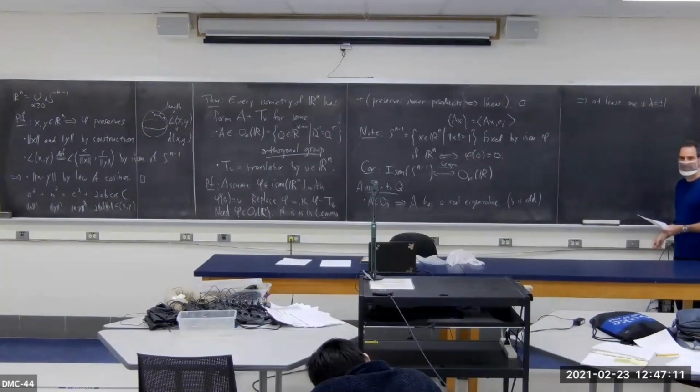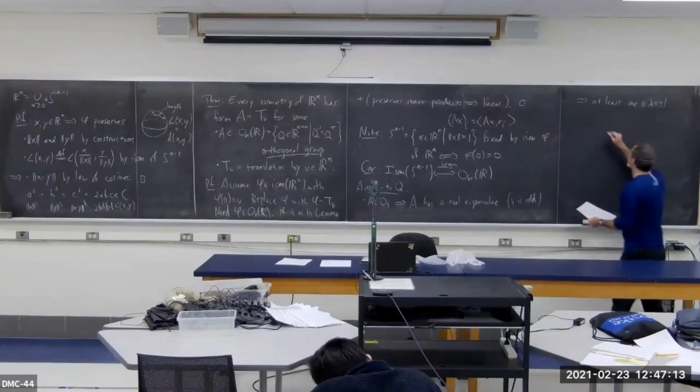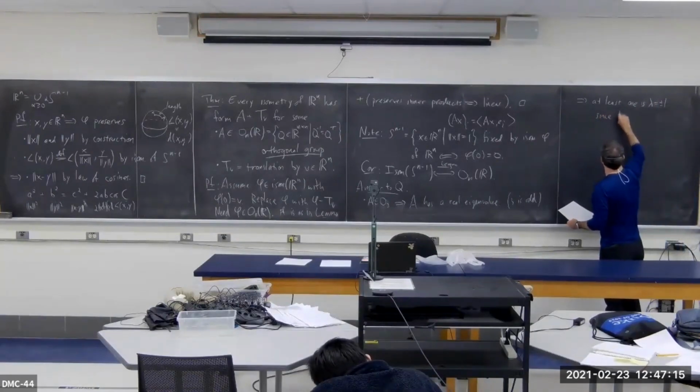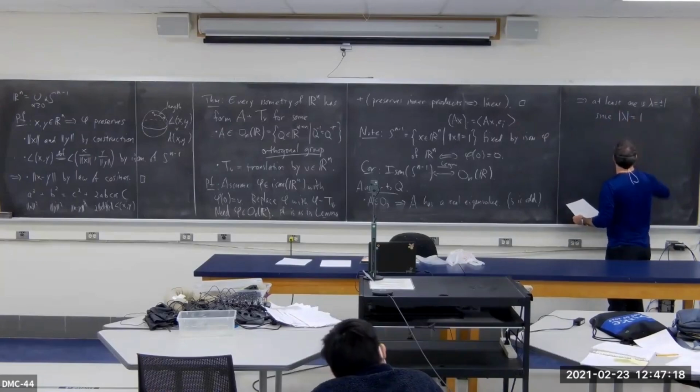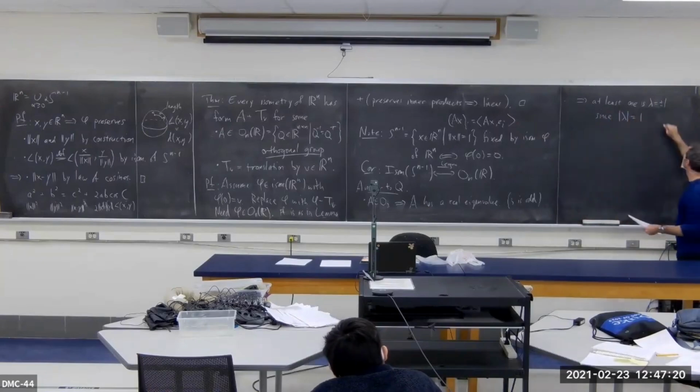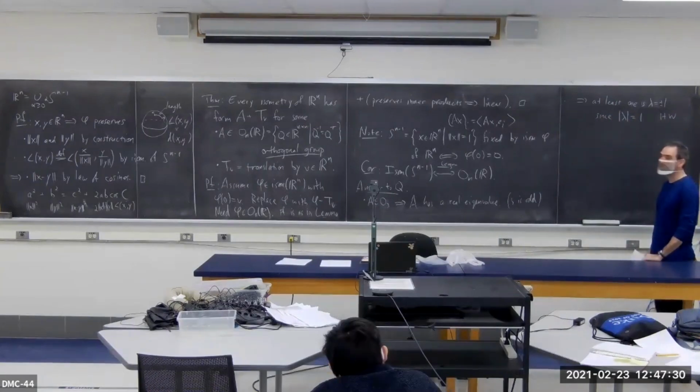Why is that? Well, I think the absolute value is 1. This is a homework problem, which I don't know if I already assigned or whether it will be in homework 3, which will be after the midterm. But it's not supposed to be hard. Orthogonal matrices, their eigenvalues all have absolute value 1.